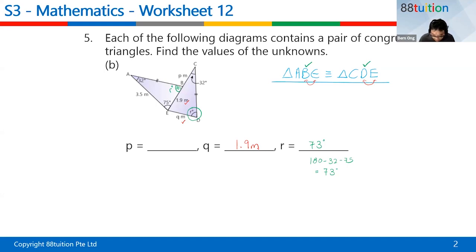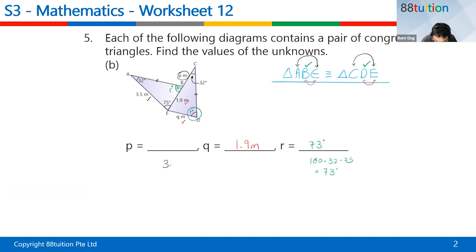Okay, next. How to find P? Oh, no. P is down here. So P is related to EC, that part. EC is related to AE. So AE is 3.5.